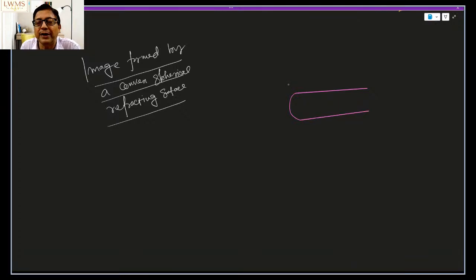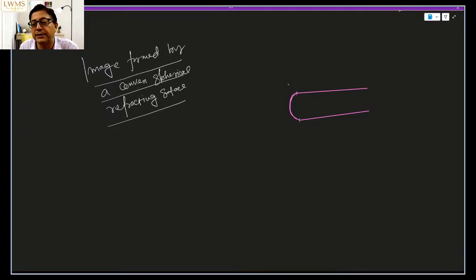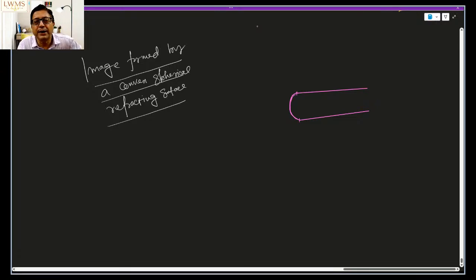This is your convex spherical refracting surface. A ray of light is entering.